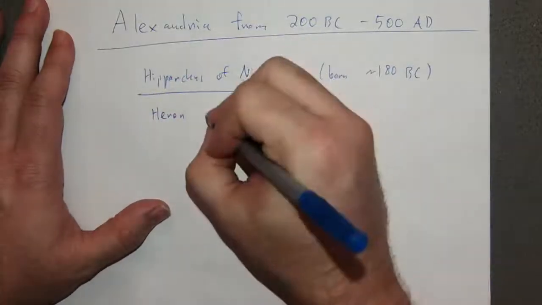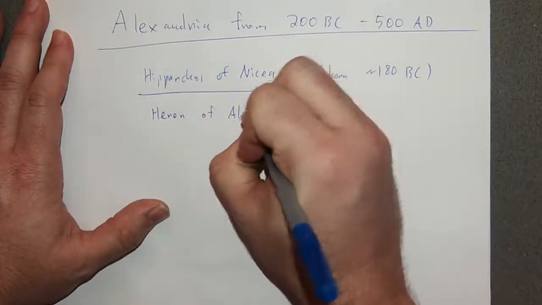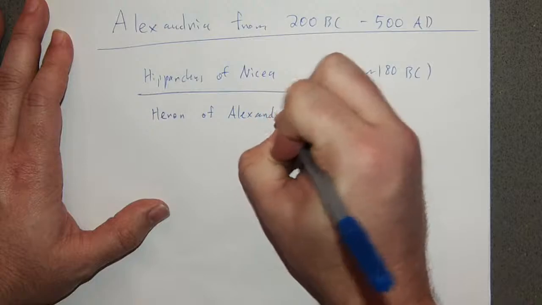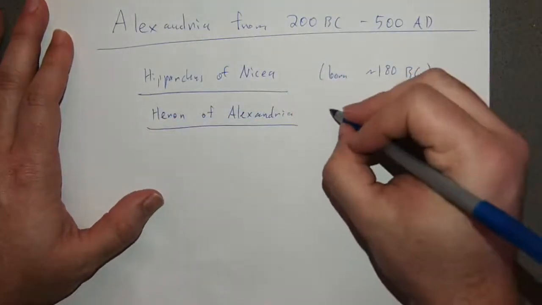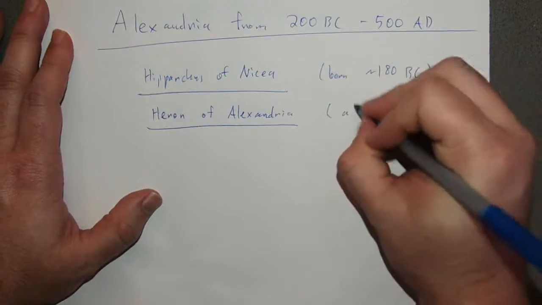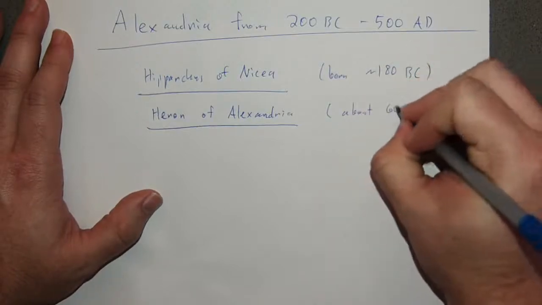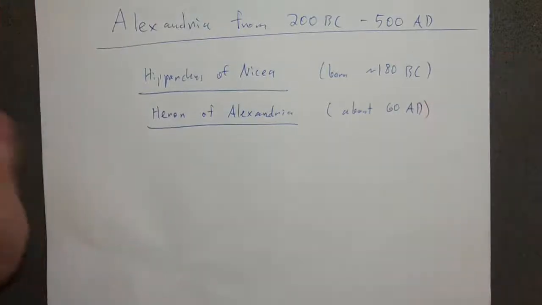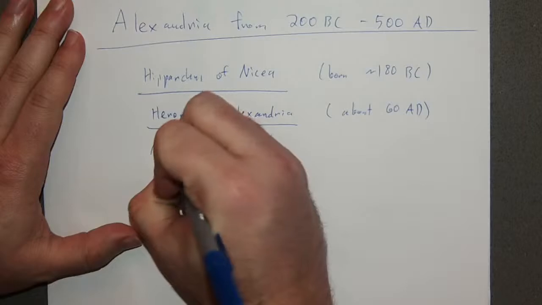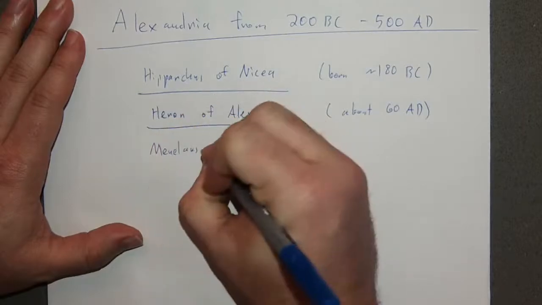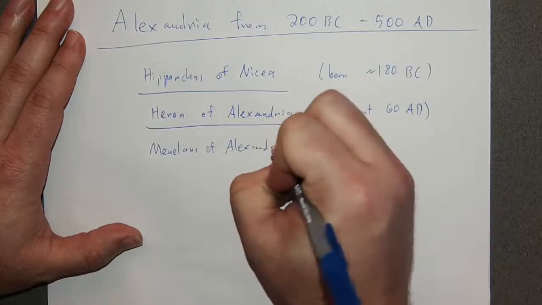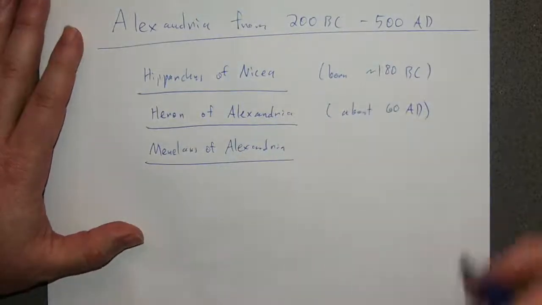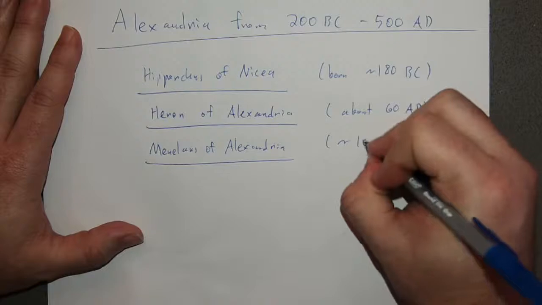Heron of Alexandria was known mostly for a single formula that's very nice, that may actually be due to Archimedes anyway. So he was active about 60 AD. Okay. There's Menelaus of Alexandria, who is active about 100 AD.